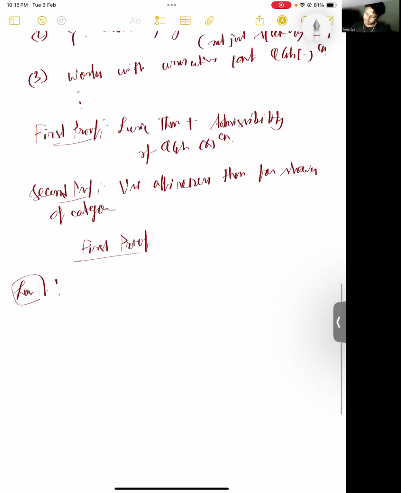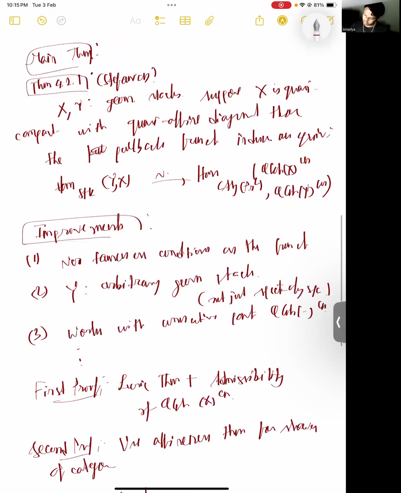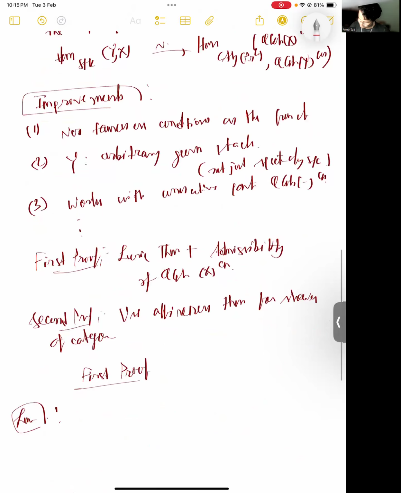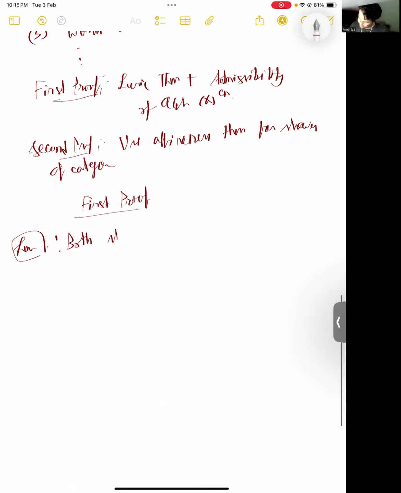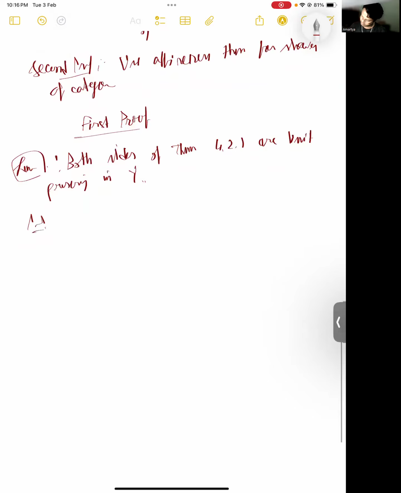By the way, I'll be referencing this theorem; I'll call it Theorem 4.2.1 throughout this talk. So the lemma is that both sides of Theorem 4.2.1 are limit preserving in Y. I'll give you a proof sketch.